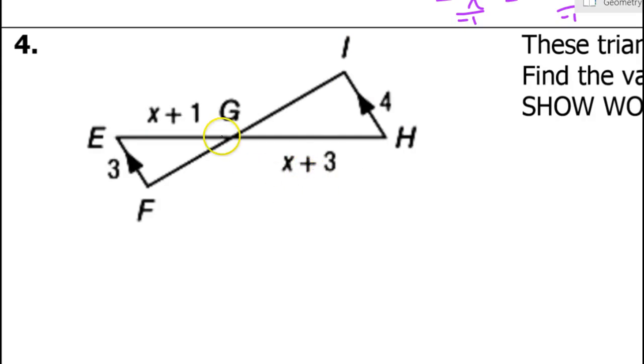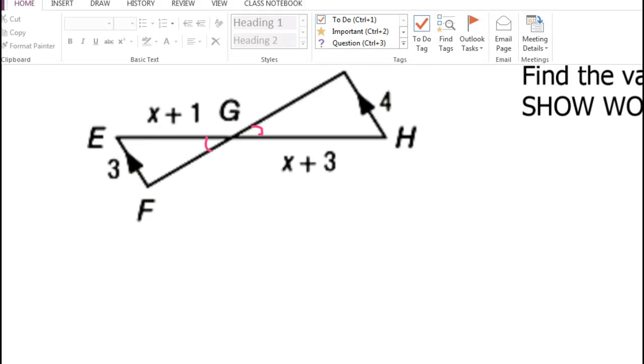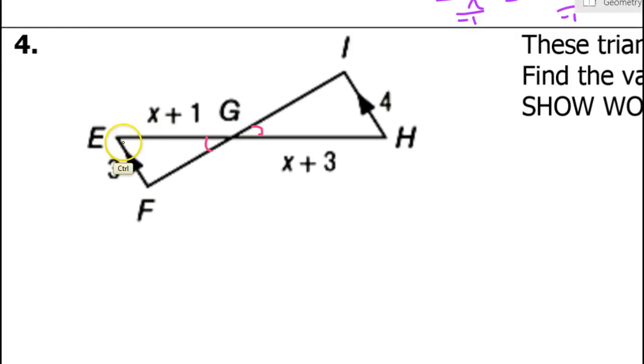Problem number 4. I know that these angles are congruent because they are vertical angles. But also because these sides are parallel. These arrows mean that I have parallel sides. So this side is parallel to this side.